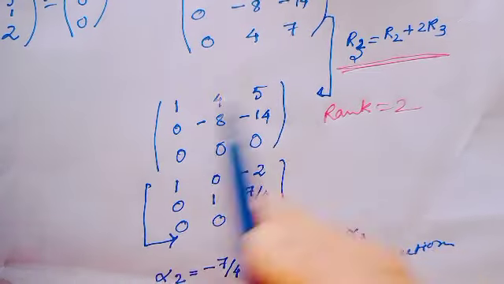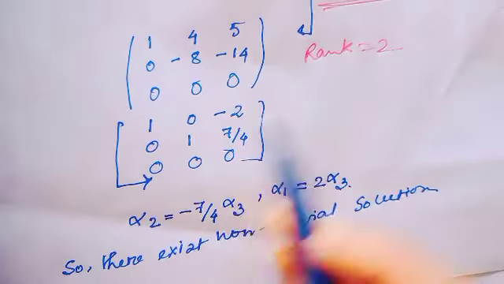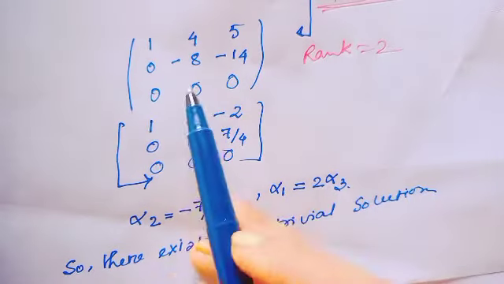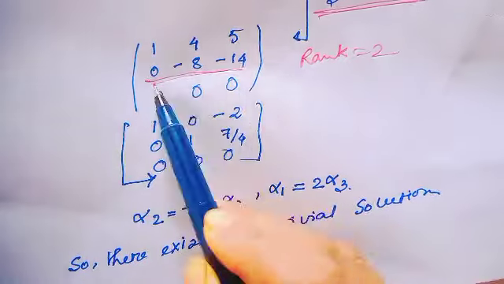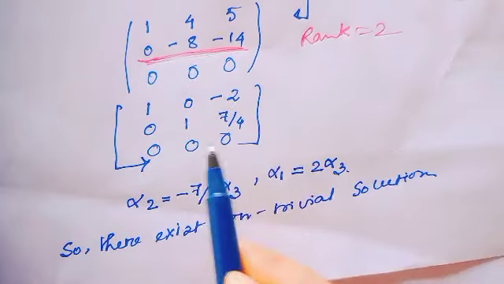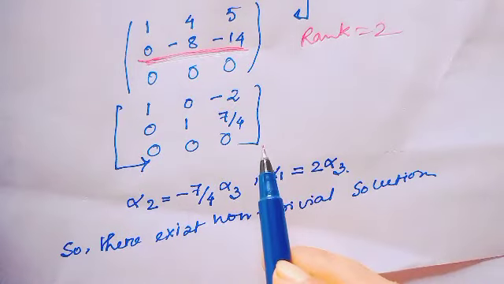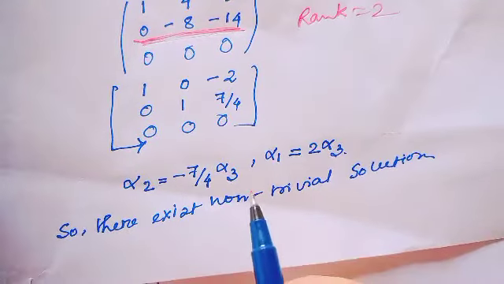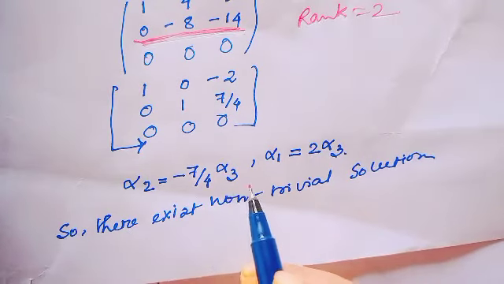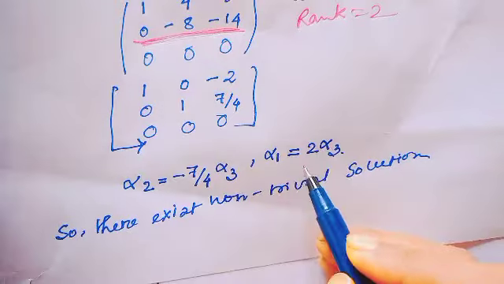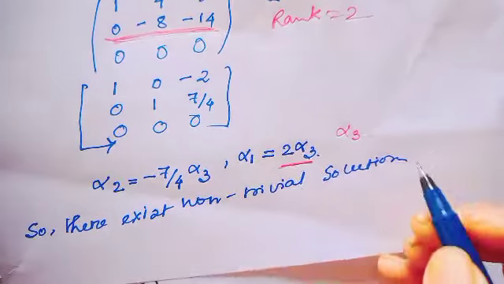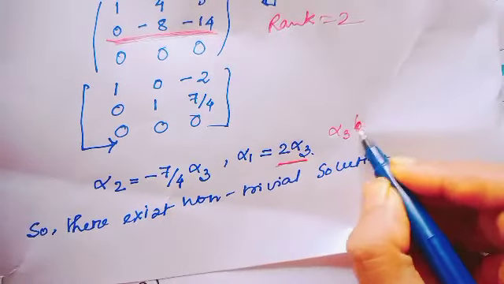This is the row equivalent form. To find the solution, because infinitely many solutions exist, just divide this row by 8. Then this would be reduced to 1 0 -2, 0 1 7/4, 0 0 0. Then the solution would be alpha 2 equal to -7/4 alpha 3 and alpha 1 equal to 2 alpha 3, where alpha 3 is any arbitrary number.